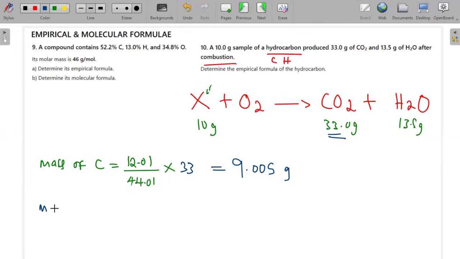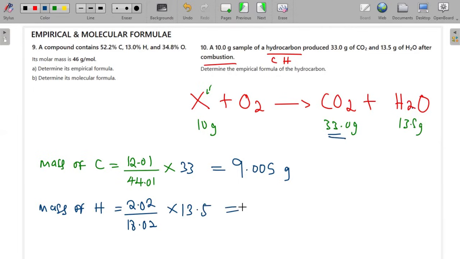Okay, and then the mass of hydrogen will be equal to, in this water, I have 2 multiplied by the molar mass of hydrogen. So meaning the molar mass of hydrogen in water will be 2 multiplied by its molar mass, right? The molar mass of hydrogen is 1.01. Multiplied by 2, I get 2.02 divided by the molar mass of water, which is 18.02, multiplied by the mass of the water that I was given there, which is simply 13.5.